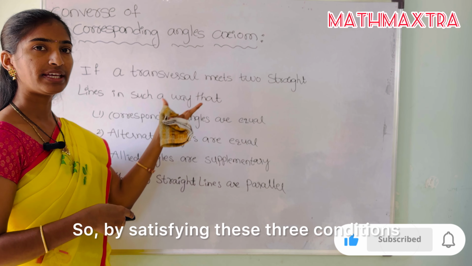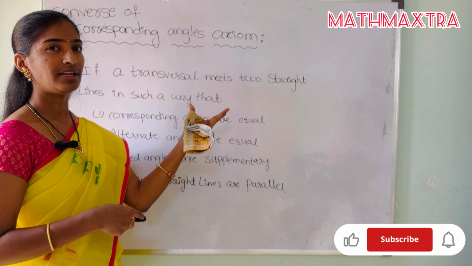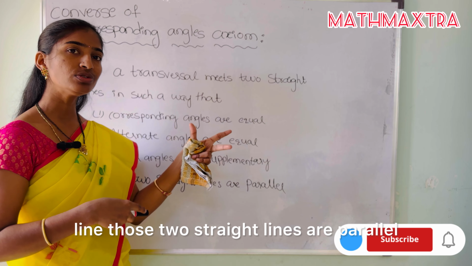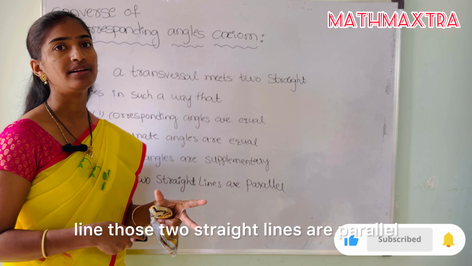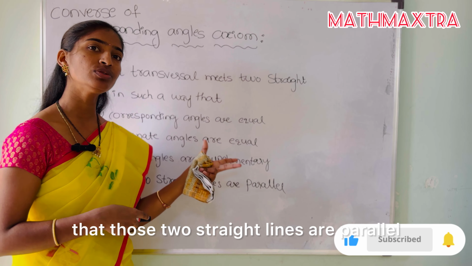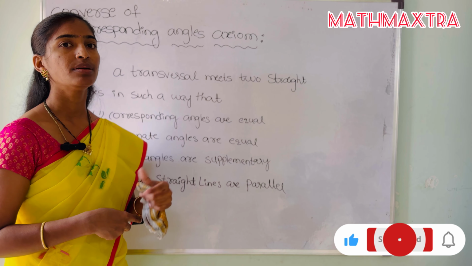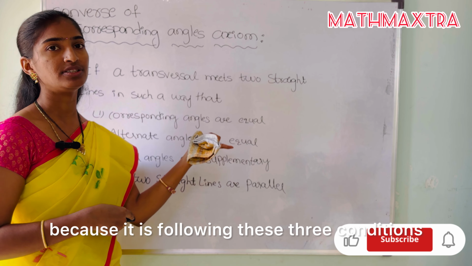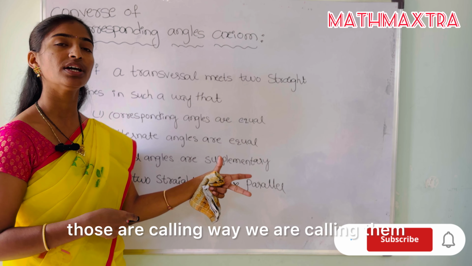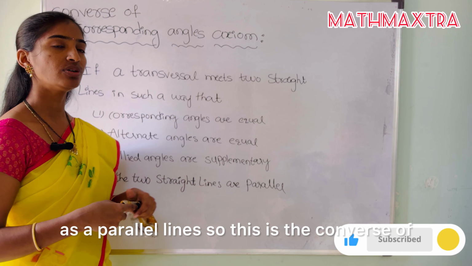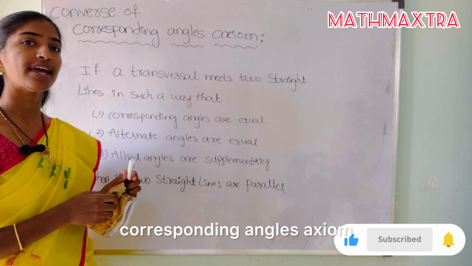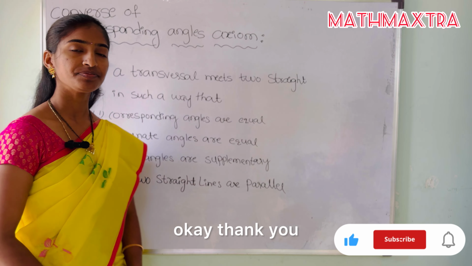By satisfying these three conditions, those two straight lines are parallel. At the end we are confirming that those two straight lines are parallel because they follow these three conditions. So this is the converse of the corresponding angles axiom. Okay, thank you.